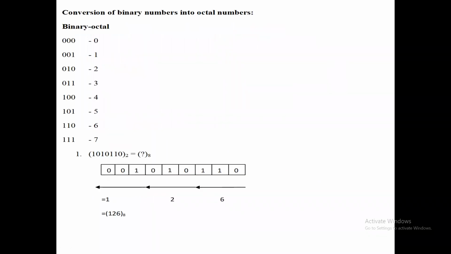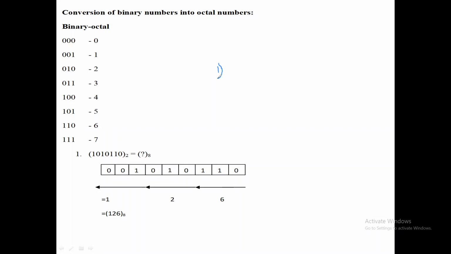The next conversion is from binary to octal number systems. Okay, so given a binary number, how do you convert that into octal numbers to the base? From base 2 to base 8. It's a simple process. What you need to do is the process goes like this.